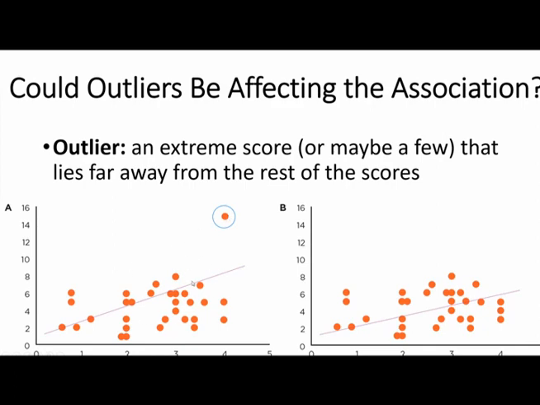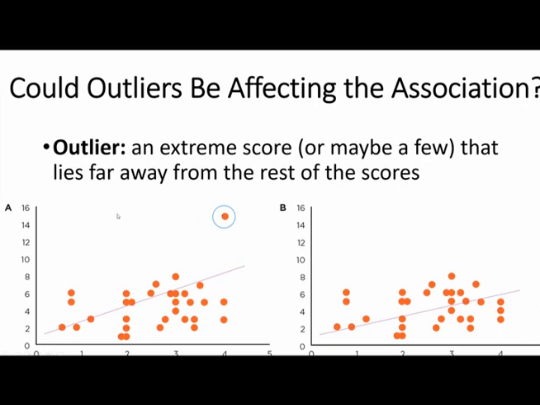These outliers can be really problematic, especially if an outlier is extreme on both measures. In this case, getting a 4 on this axis isn't that bad. There are a couple of people here who have 4s. It's not a big deal.